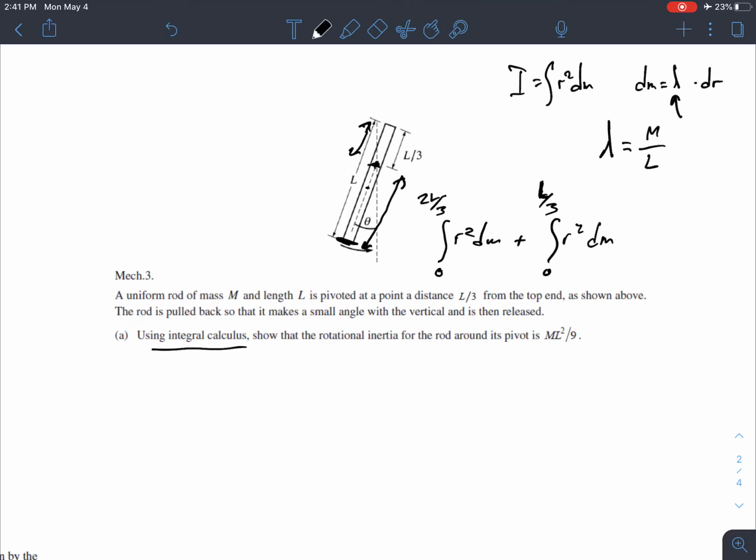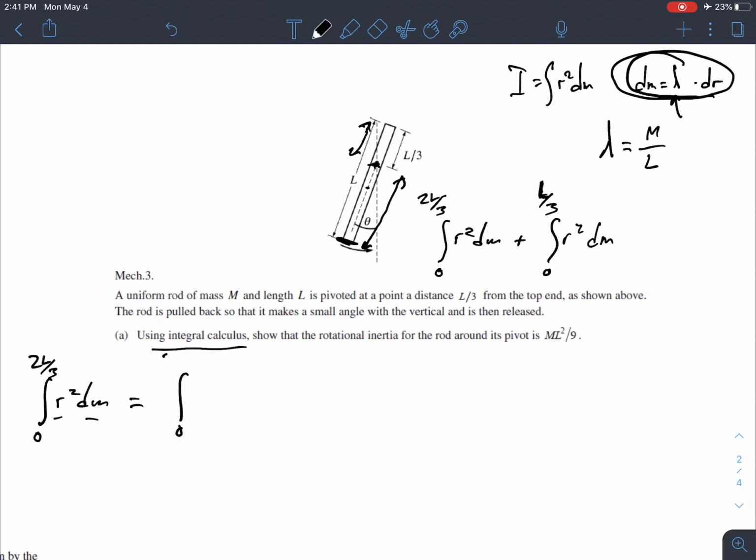Okay, so let's see how we do this. I need to do the integral from 0 to 2L over 3 of r squared dm. The disagreement of the r squared and the dm, that's the problem. But I know that this is true, so I can make that substitution.